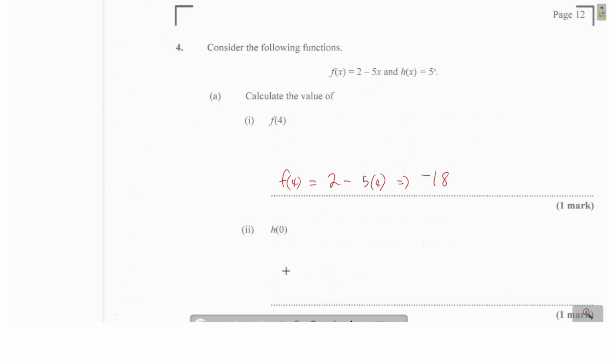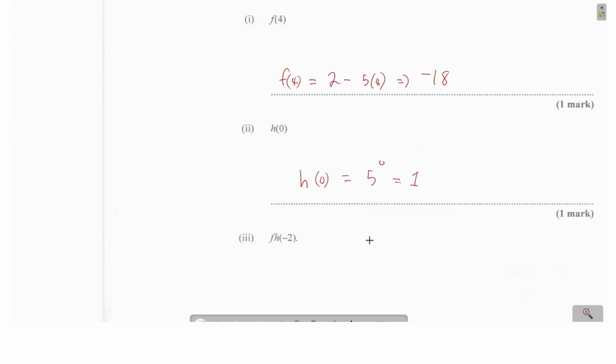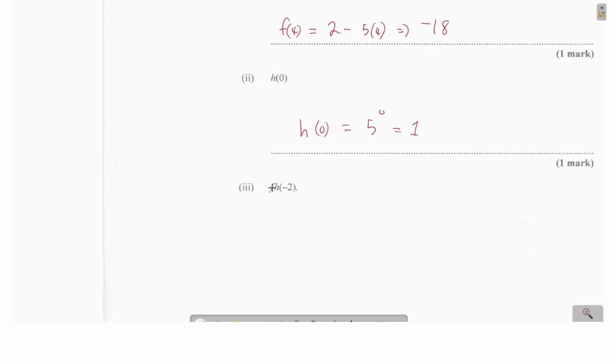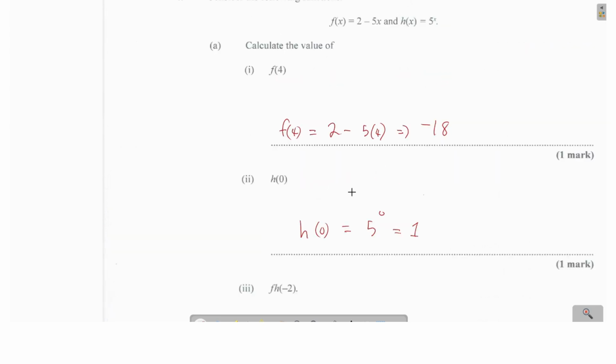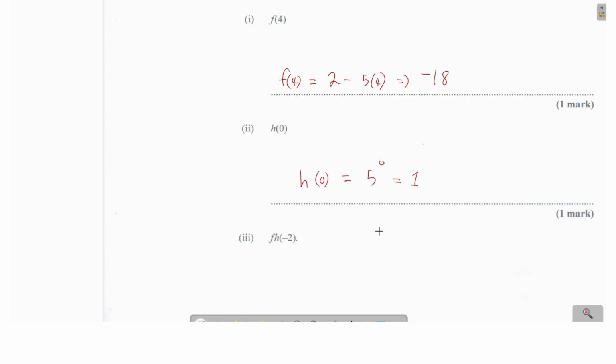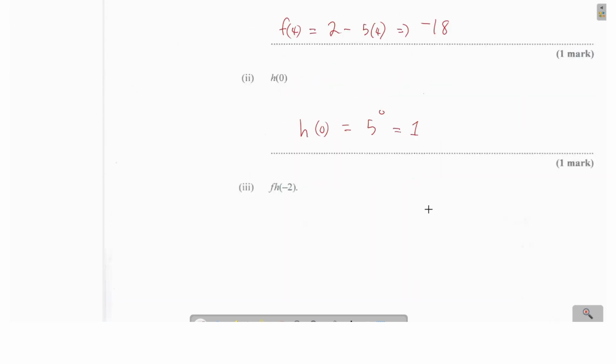h(0). So we have h as 5 to the x, therefore we're going to have 5 to the 0, and that's 1. Okay? 5 to the 0, that's 1. And then we want to find h(-2) followed by f. So let's write down h(-2). So we know that h of x is 5 to the x.